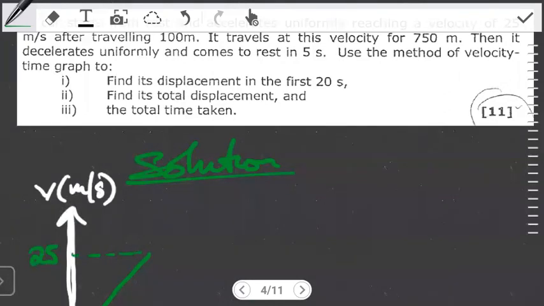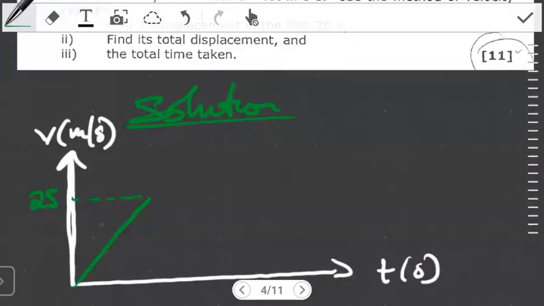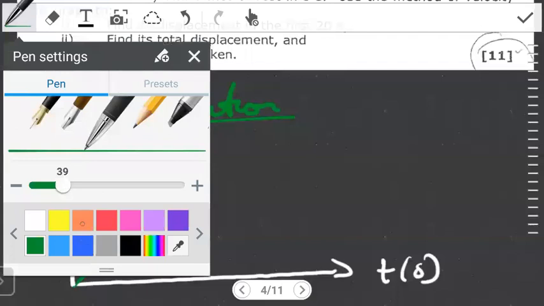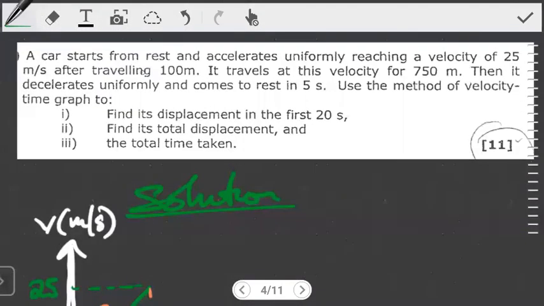Okay, what happens next? It reaches the 25 meters per second after traveling 100 meters. So I'm just going to keep it down here. Maybe I should even use a different color because I don't want this to confuse me very much. So it covers 100 meters as it reaches that 25 meters per second. What else are they saying? Well, if we continue, they're saying it travels at this velocity. What velocity?